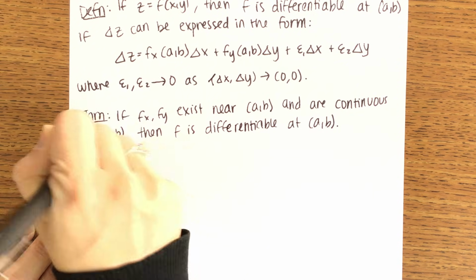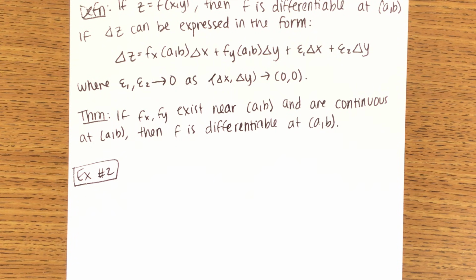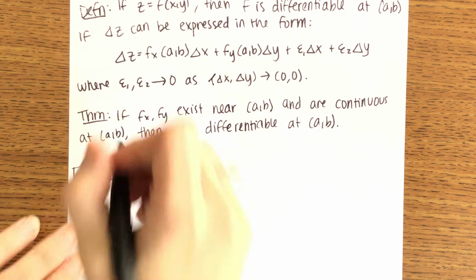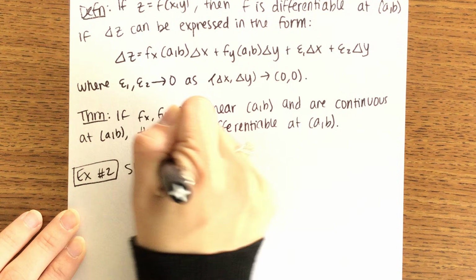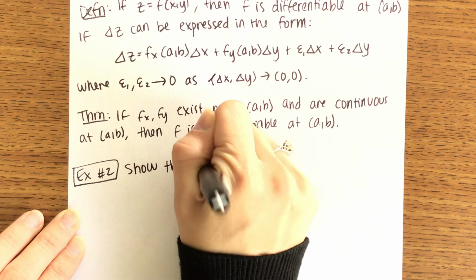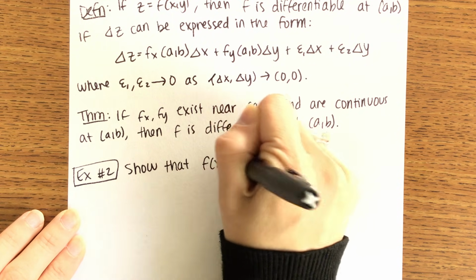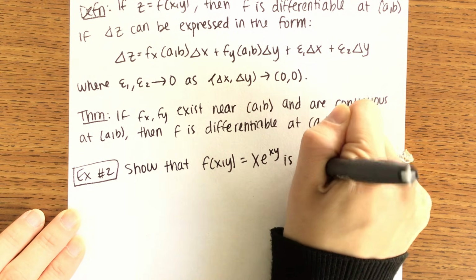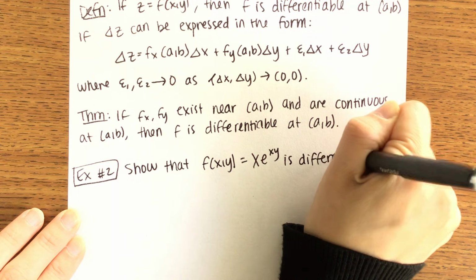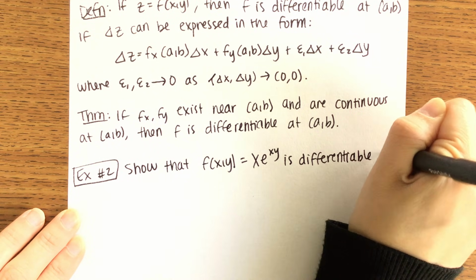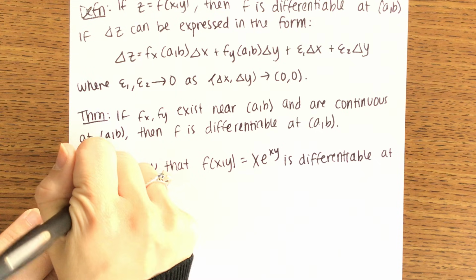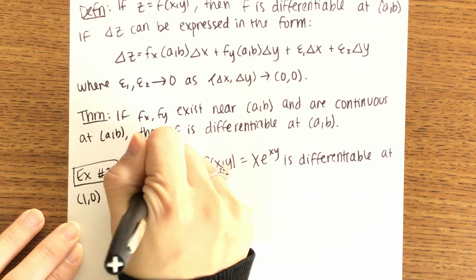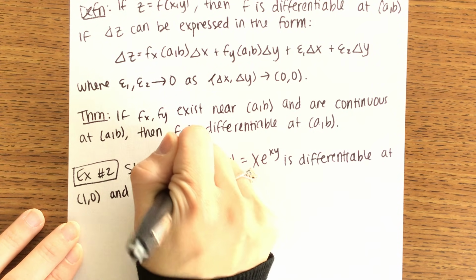Okay, that was a lot of writing, so let's do an example so that you guys can see exactly what I expect of you. We are going to show that the function f of xy equals x e to the xy is differentiable at 1, 0. And then we are going to find its linearization.